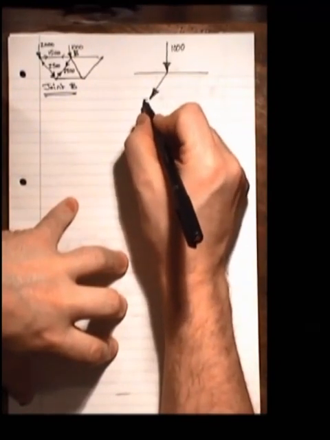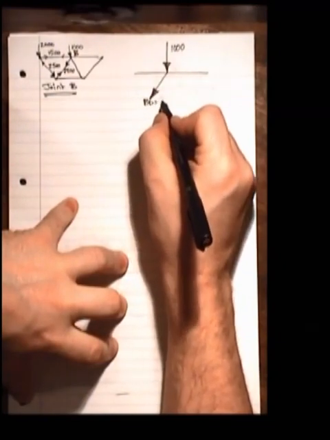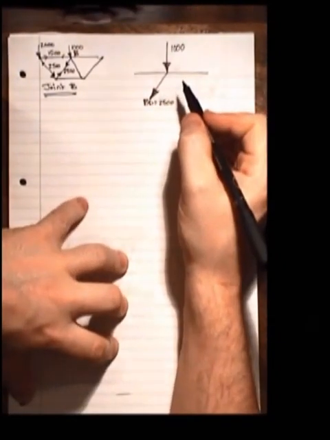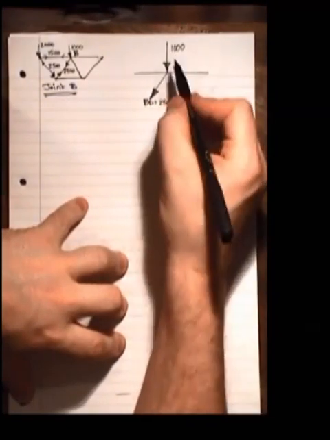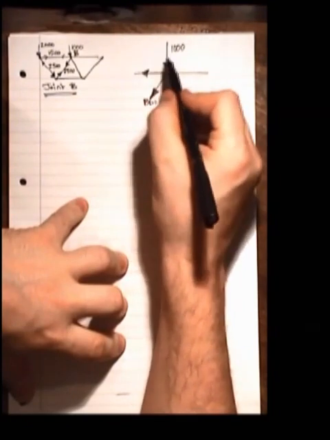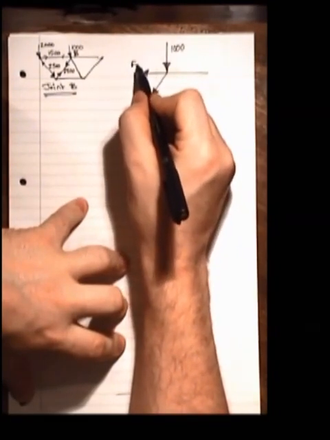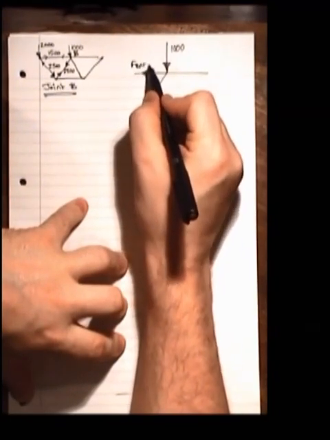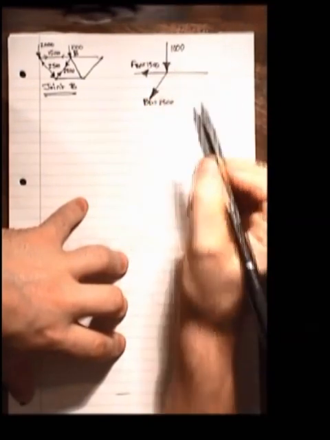That's the BD, it's 2,500. And I know that my FBA is 1,500.